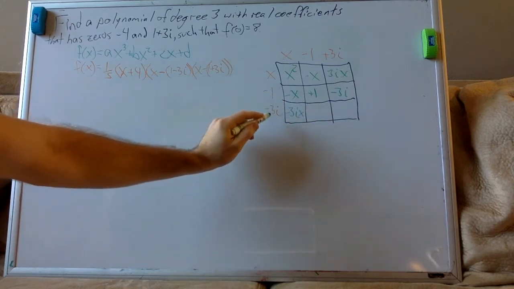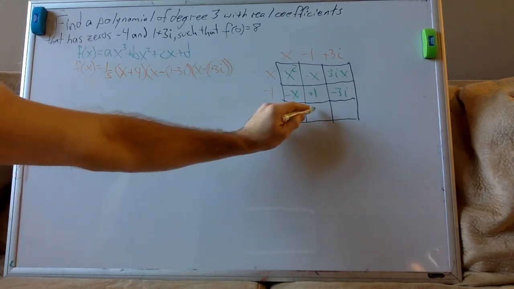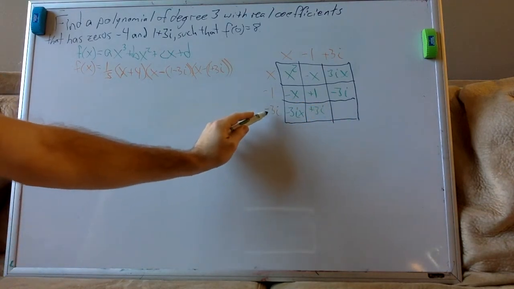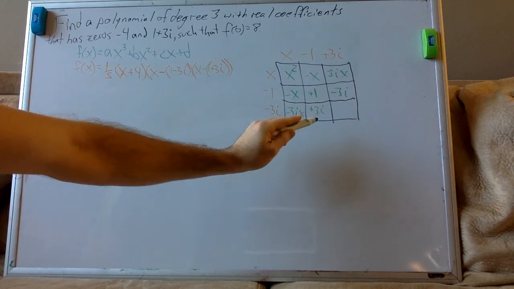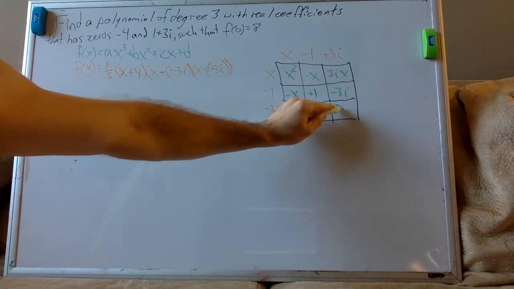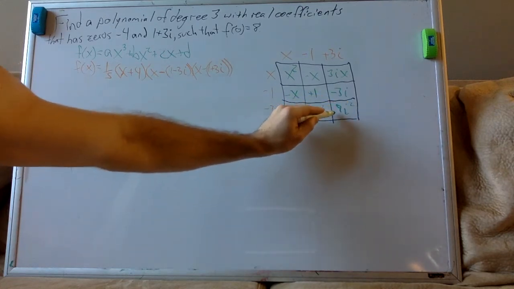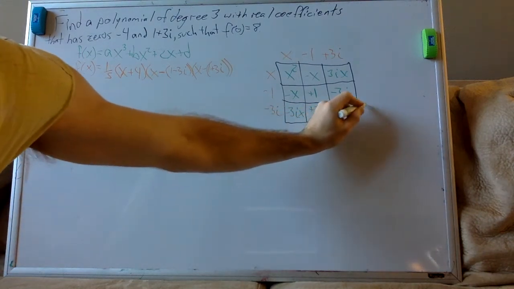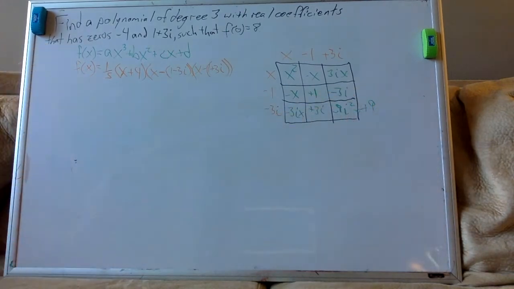And negative 1 times 3i, so positive 3i. And then negative 3i times positive 3i, so 9i squared. Sorry, negative 9i squared. And of course, this bit is equivalent to positive 9.